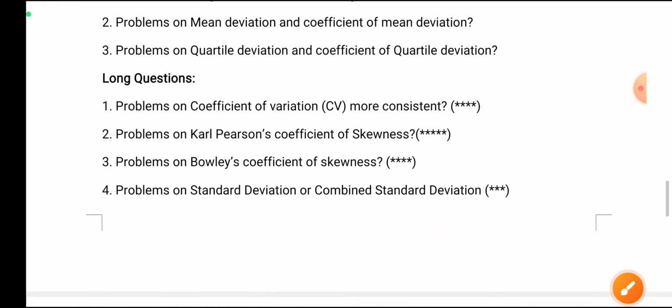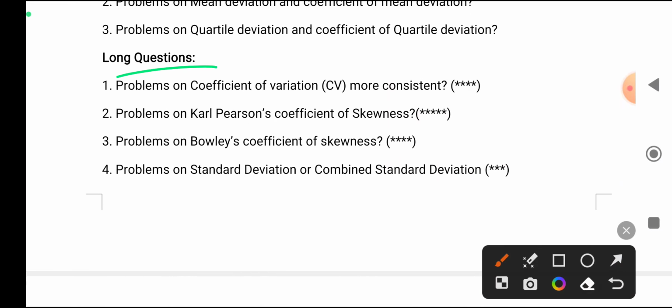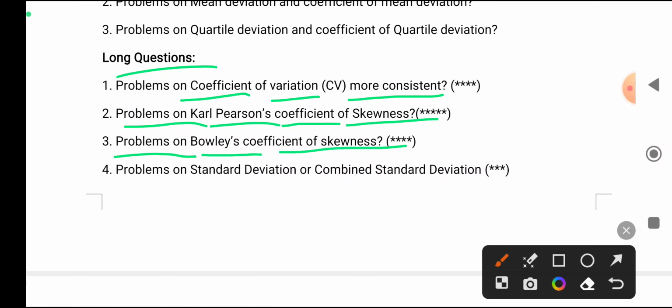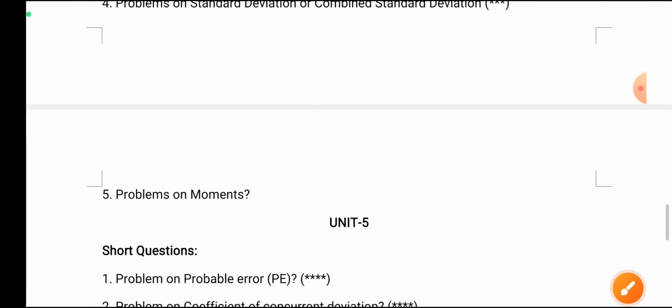Then long problems relating to coefficient of variation CV and which is more consistent. If two series are given, we will calculate which is more consistent. Problems on Karl Pearson's coefficient of skewness, and problems on Bowley's coefficient of skewness. Problems on standard deviation or combined standard deviation, you may not expect this one sometimes, but this will come. These problems also we did.